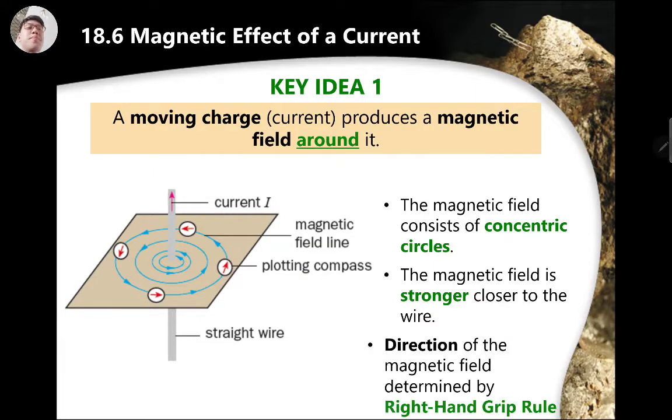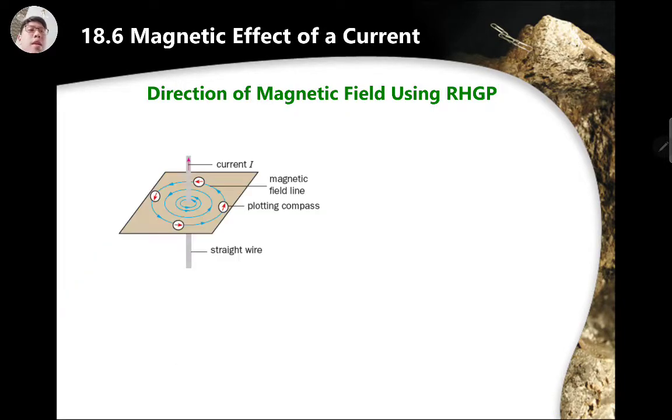The direction of the magnetic field can be determined by the right-hand grip rule. How? Like this. If you have your current flowing up, you use your right hand. That's why it's called the right hand grip rule. I hope y'all can tell right from left. You use your right hand and you grip it. Your thumb points in the direction of the current, just like this.